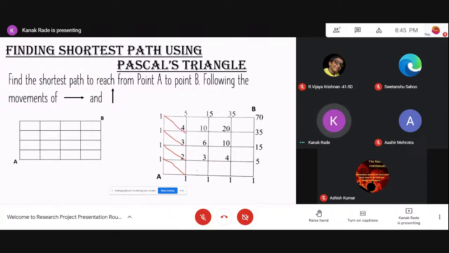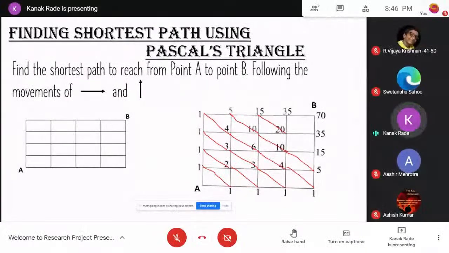The same technique is followed for the second, third and fourth row. 1 plus 2 is 3, 3 plus 3 is 6, 6 plus 4 is 10 and 10 plus 5 is 15. 1 plus 3 is 4, 4 plus 6 is 10, 10 plus 10 is 20 and 20 plus 15 is 35. 1 plus 4 is 5, 5 plus 10 is 15, 15 plus 20 is 35 and 35 plus 35 is 70. Hence, there are a total of 70 ways to reach from point A to point B.